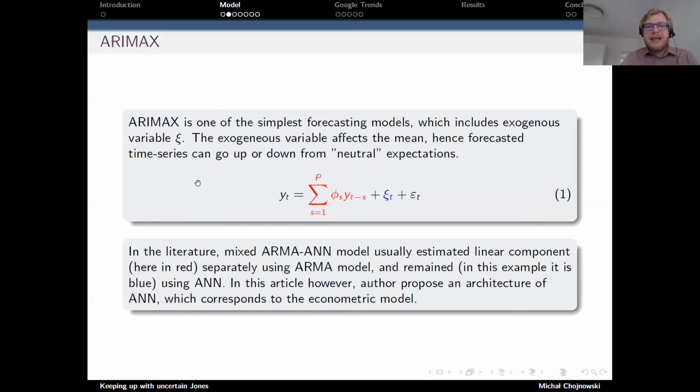There is a significant literature on ARMA and artificial neural networks, which takes the ARMA first and, using the ARMA model, then computes the random noise, and then the random noise is explained by an artificial neural network. Here I wanted to use an artificial neural network only to represent the same model.